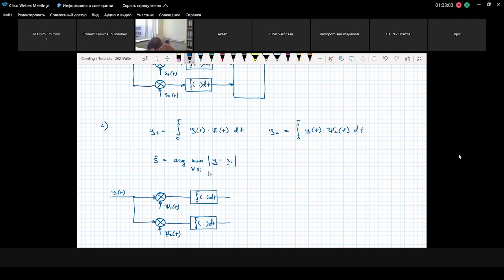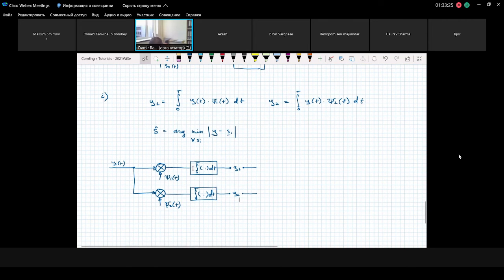And we get 2 quantities. We get quantity y1 and quantity y2, and we group these two numbers into a vector y. So we say that vector y equals the group with y1, y2.